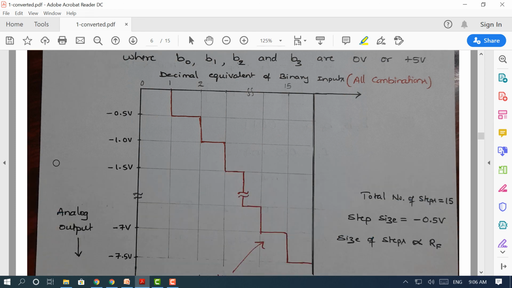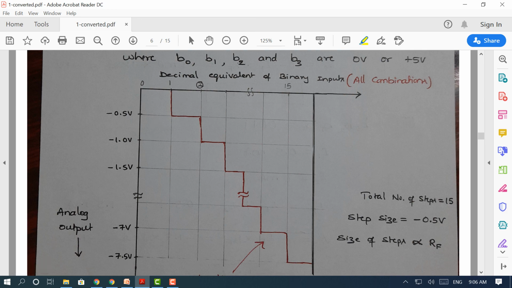Now, the binary weighted resistor type digital to analog conversion can be shown on a graph where we plot the conversion. The digital input is plotted along the x-axis, and the analog output is shown along the y-axis.